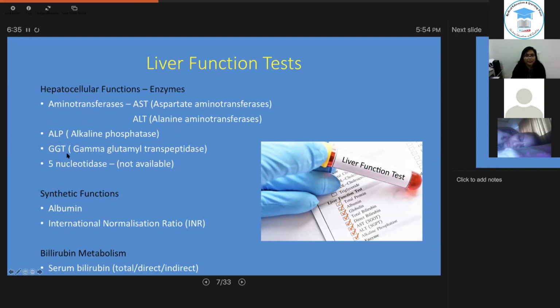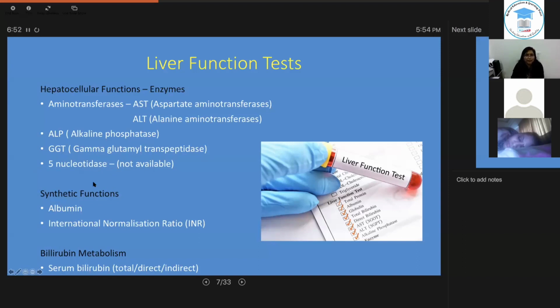Then is GGT, gamma glutamyl transpeptidase, and lastly is 5-nucleotidase. Although this is available, it can only be done in some research labs, not routinely.